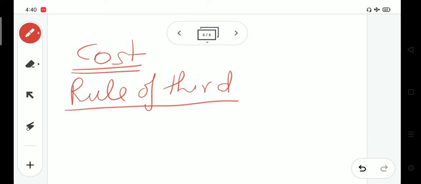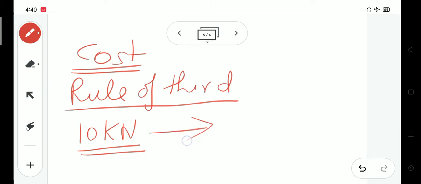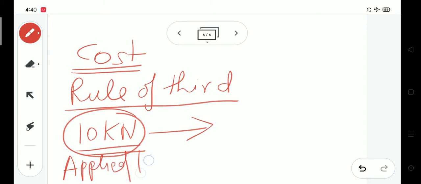The rule says that if the applied load is 10 kilonewton, the material should withstand 30 kilonewton.